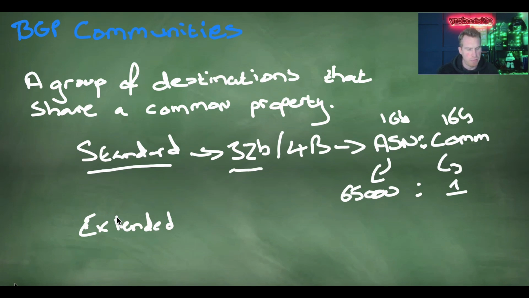When we look at the first 16 bits, which are referring to the autonomous system number, i.e. 6500 in this case, what this means is that the autonomous system number, which is globally unique, has assigned that update message containing the network layer reachability information, or NLRI, is saying that the first portion of that community value is 6500.